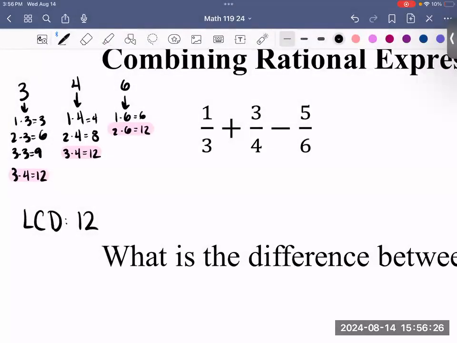But your common denominator, a denominator that we can get them all to be the same, like what else could it be?